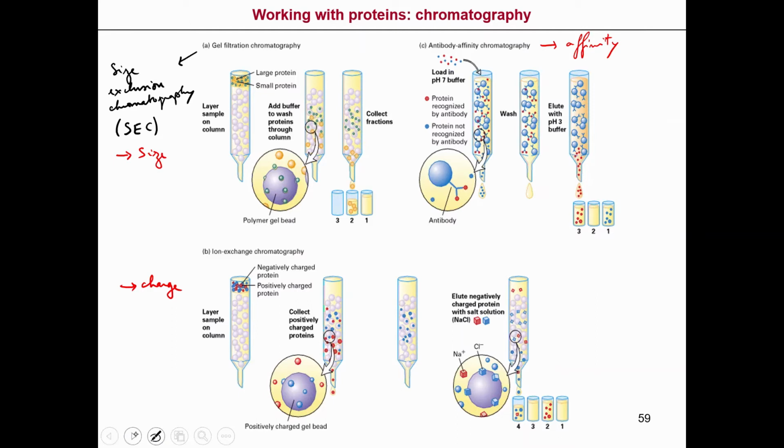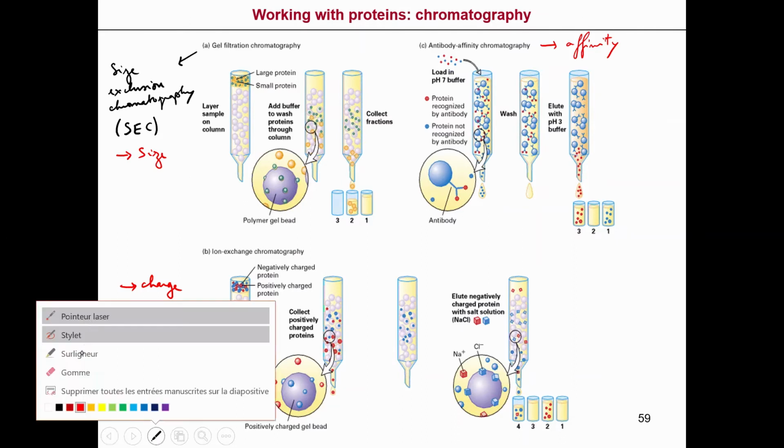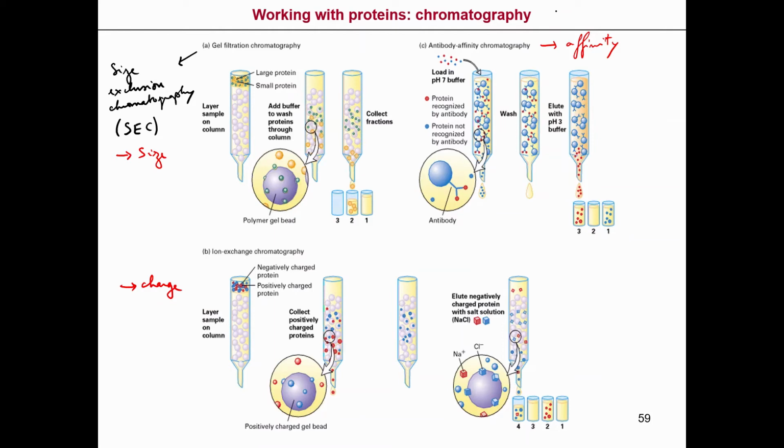I will explain that. So the principle of chromatography, you have 2 phases. One stationary phase, which is usually the gel, and the mobile phase, the eluent, which is usually the buffer. The principle of chromatography is like in organic chemistry.